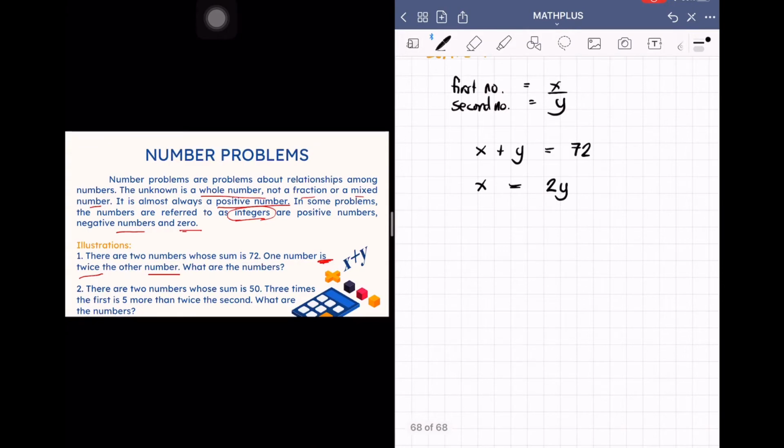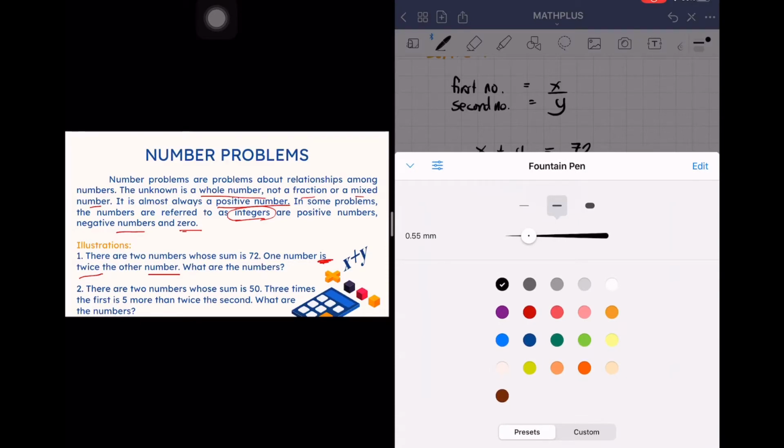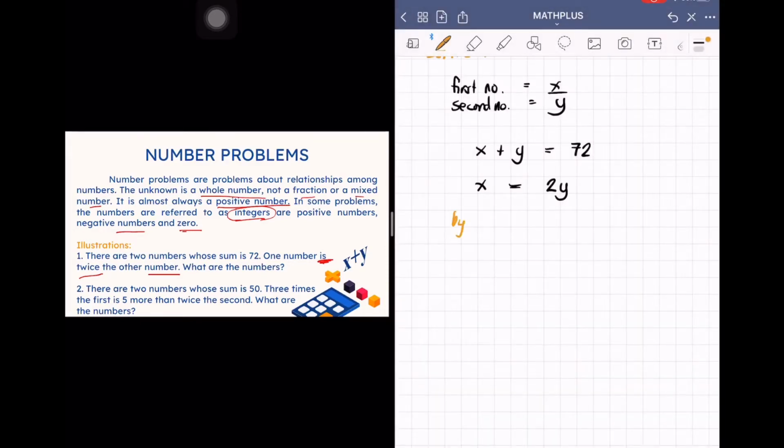What you can do here is simultaneously solve the equations. The first method is substitution. That means you're going to use one of the equations and substitute it into the other equation. Let's say I name this equation 1, and this one is equation 2. Since I have solved for x in equation 2, I substitute x into equation 1.